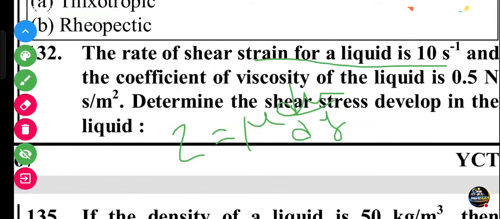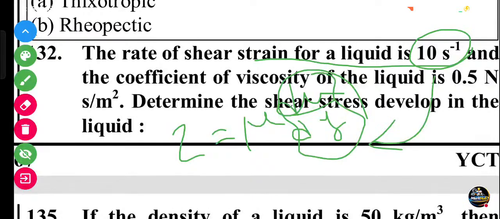The rate of shear strain is given, and the coefficient of viscosity is also given. Put these values in here, and you get the shear stress.